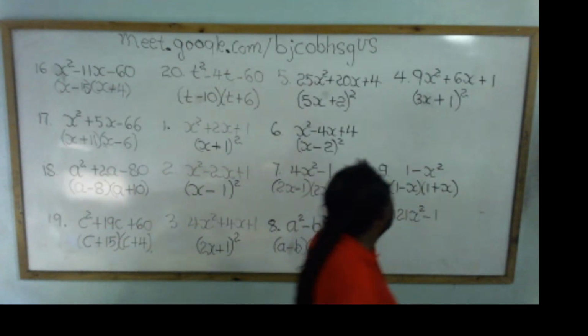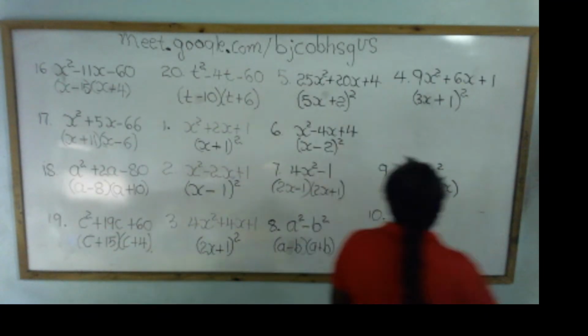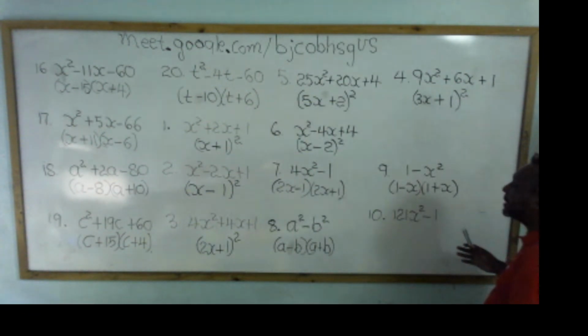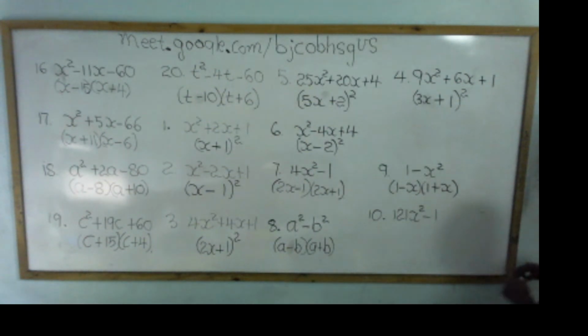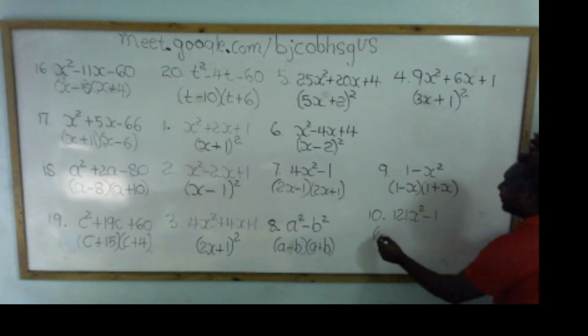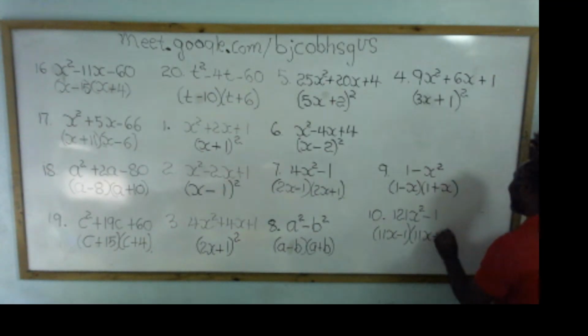Students, I will accept that in a live chat, just to put 11 plus 1, 11 minus 1. But in actuality, for an examination, you need to put the x. And that's all there is to it.